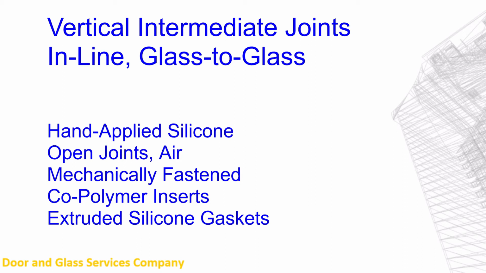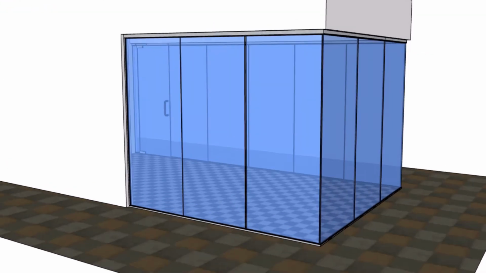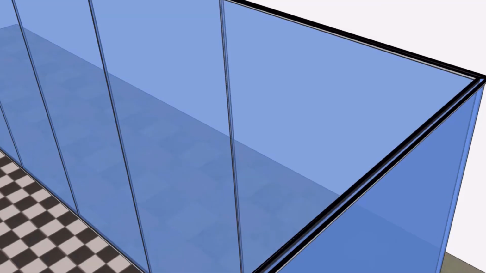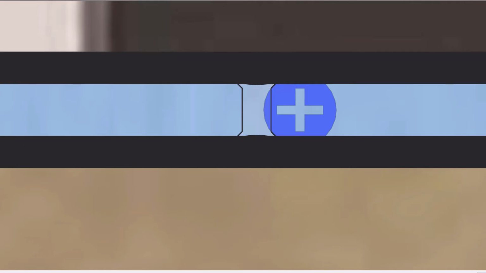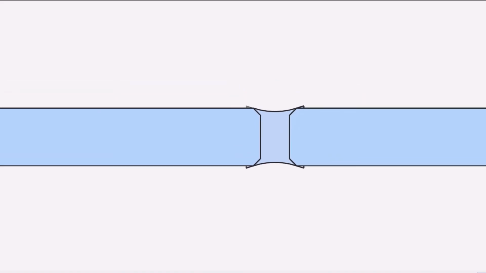The vertical intermediate joints between adjacent glass panels which are in line with each other can be created in 5 basic ways. Commonly associated type of joint is a silicone joint, where a relatively transparent silicone material is applied between the glass panels.